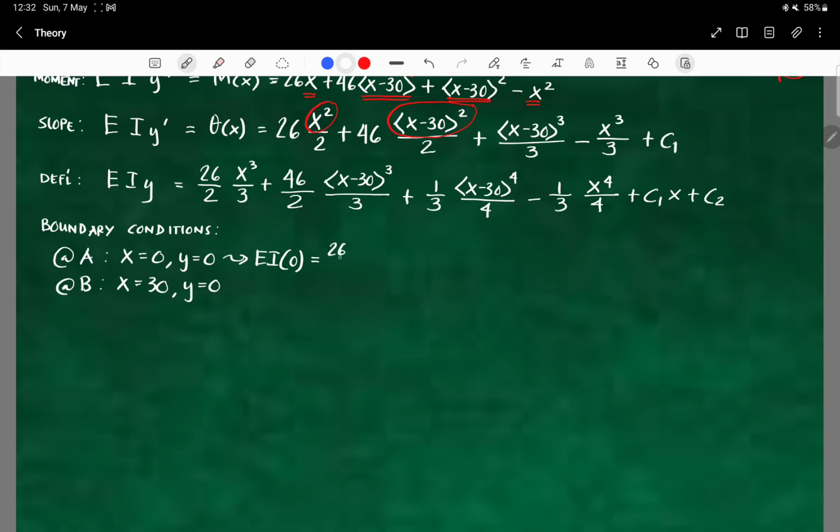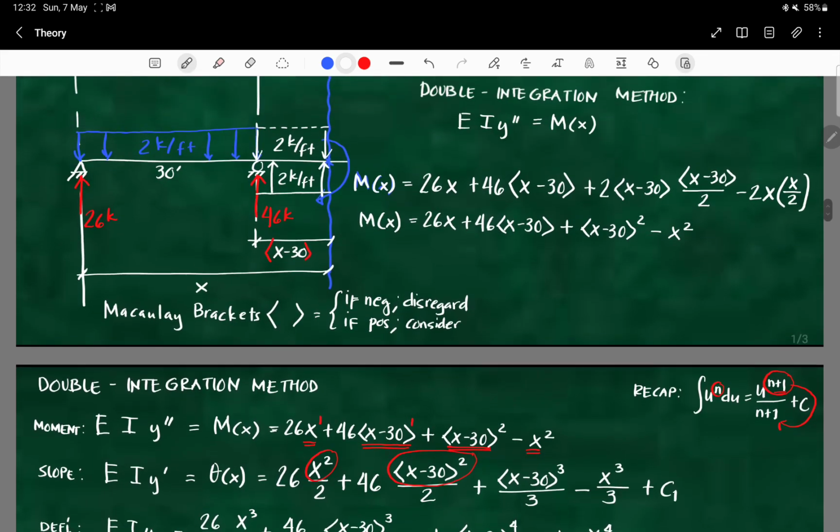So we have 26 divided by 2. Then this is 0 cube over 3 plus 46 divided by 2. So we have 0 minus 30 squared, this is cube, divided by 3. So ngayon, balikan natin yung makulay.